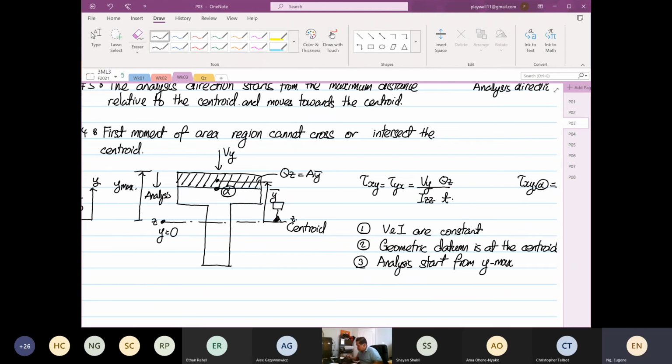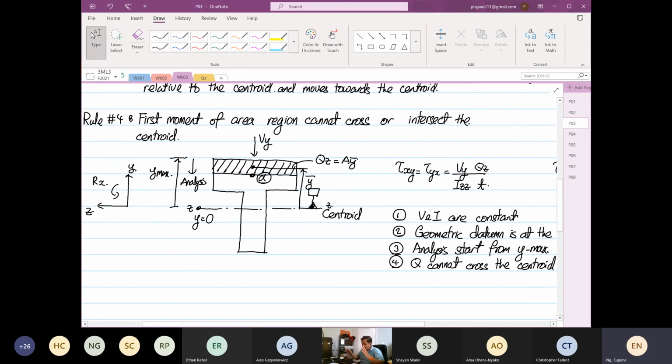Rule number 4: the first moment of area Q cannot cross the centroid. We did not break rule number 4; it's still valid. So this is straightforward.